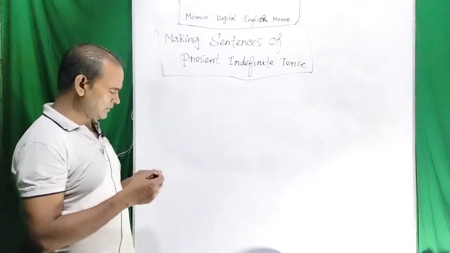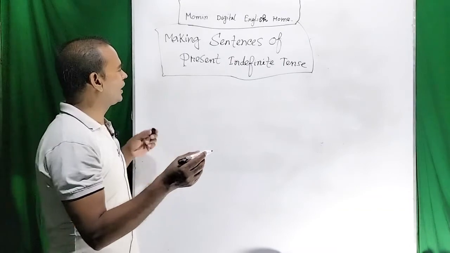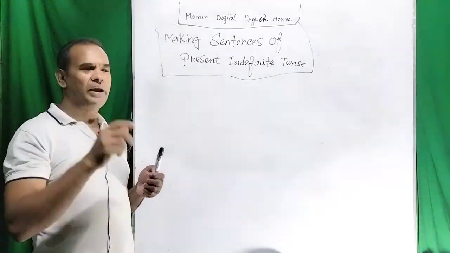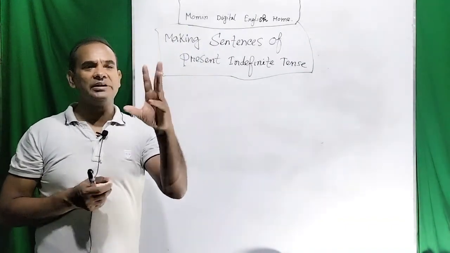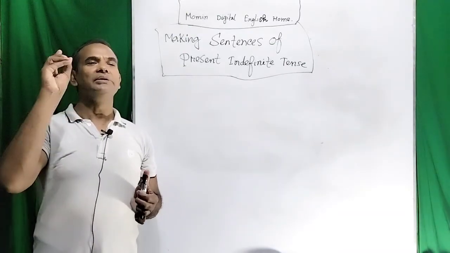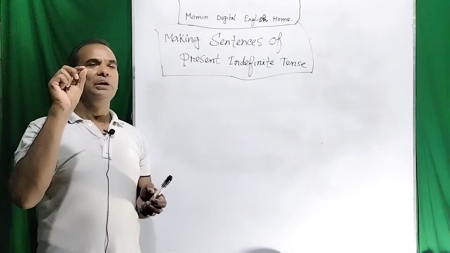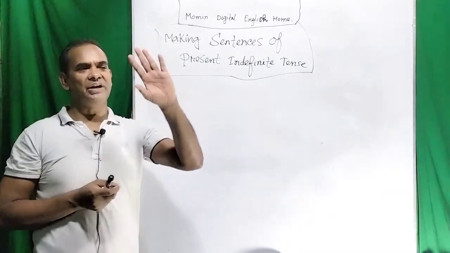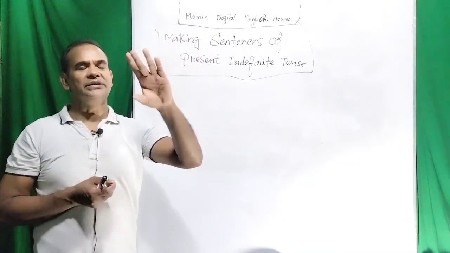So dear viewers, my dear students, please be attentive. While you are going to make any sentence of the present indefinite tense, first of all, you have to think about the structure of the sentence.